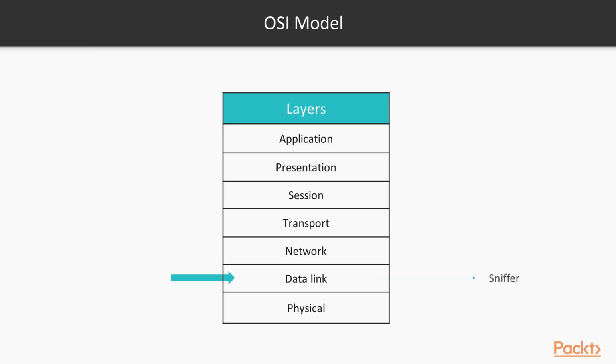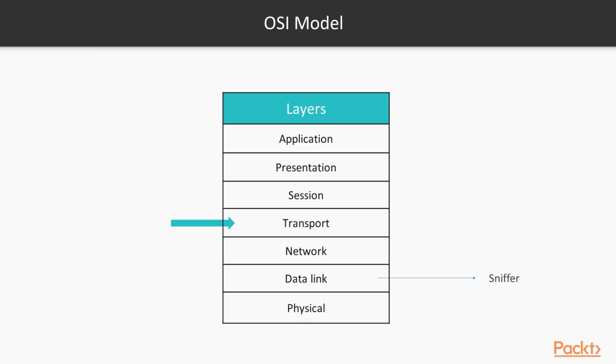The third one is the network layer. The network layer performs network routing, or packet routing, and it also controls the traffic inside the network. This is the work of the network layer. Transport layer: its use is very simple.